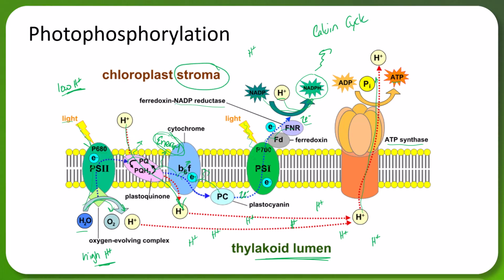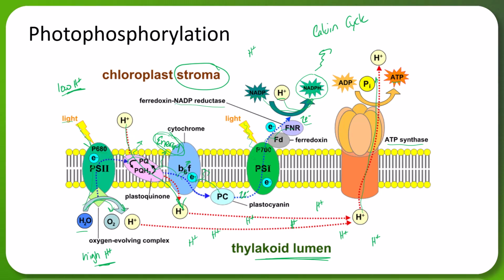So that is one of the reactants of the Calvin cycle. We just made it utilizing H plus ions, electrons, and NADP plus. Once those electrons are gone, we're going to have a constant flow of new electrons as more and more water is split.